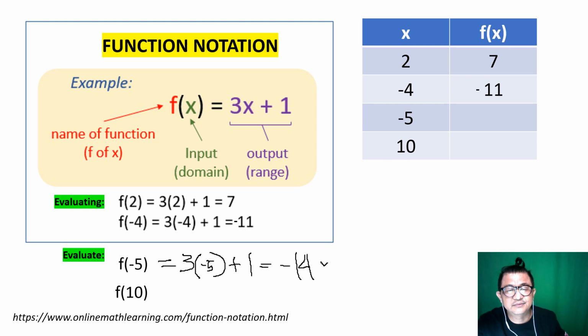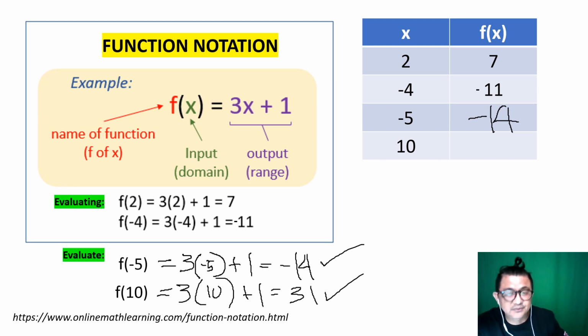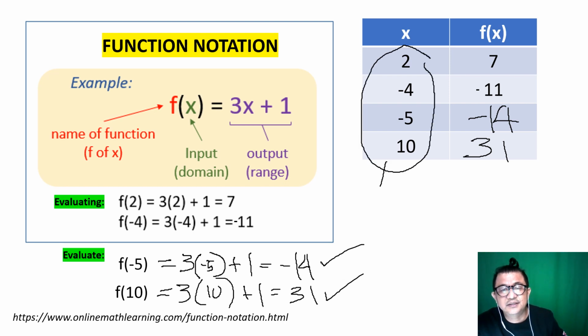So we will write it down, -14. Now, let's substitute the value of 10. 3 times 10 would be 30. 30 plus 1 is 31. So we substitute the value and then the output will be 31. Okay? So if you're asked what are the domains, these are the domains.